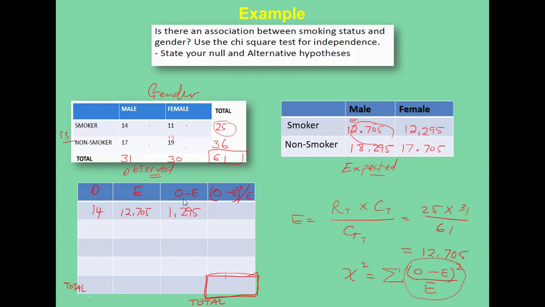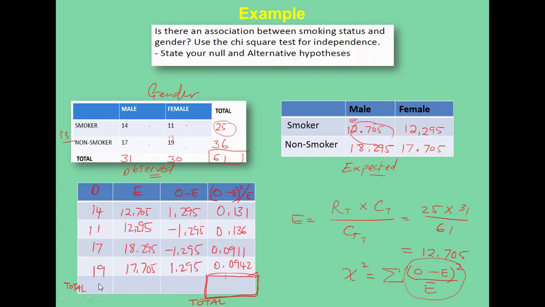And then our observed minus expected squared. So we take this, we square it, and then we divide by expected. That number is 0.131. So you do the same for all the cells. And if you do that correctly, this is what you will have in the end.